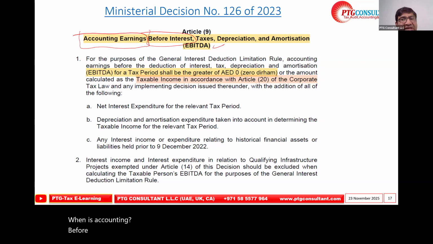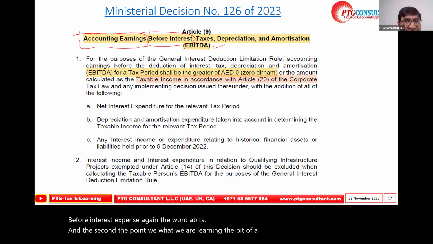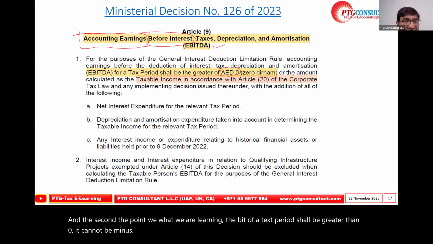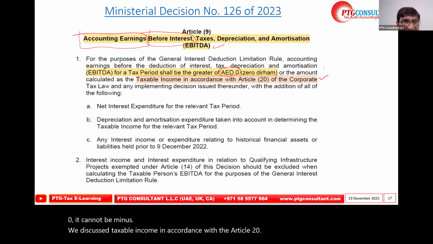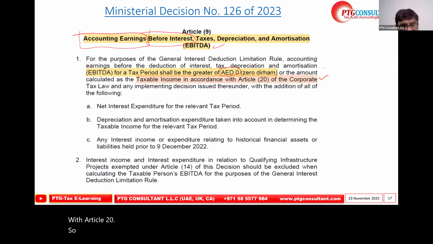And the second point we are learning, the EBITDA for the tax period shall be greater than 0. It cannot be minus. We discuss taxable income in accordance with Article 20. So here the complete understanding is there, but we will understand that also.